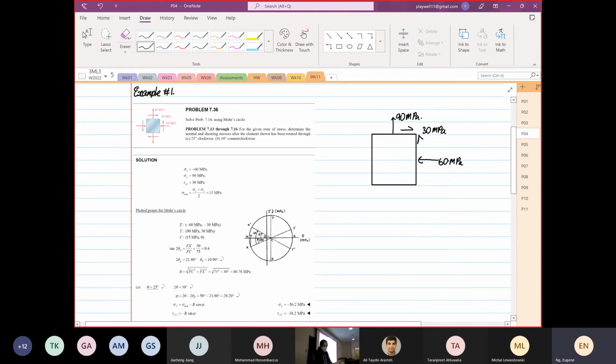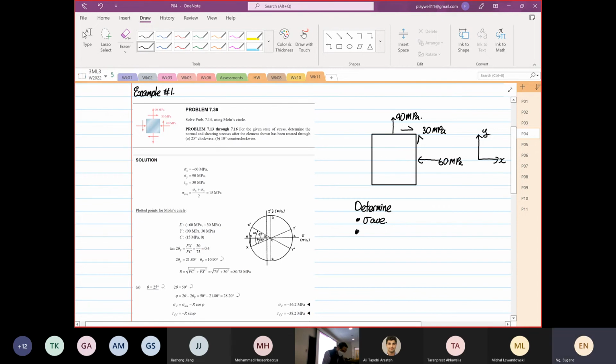So the first thing we are going to do, this is our transformation, X and Y. First thing we're going to do, we are going to determine our average stress.